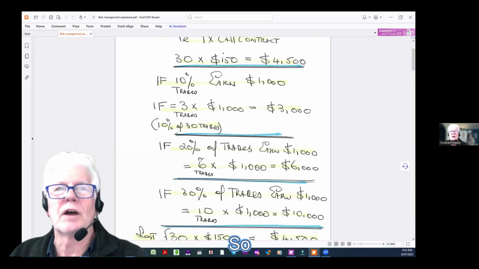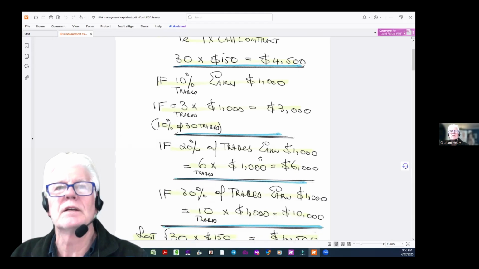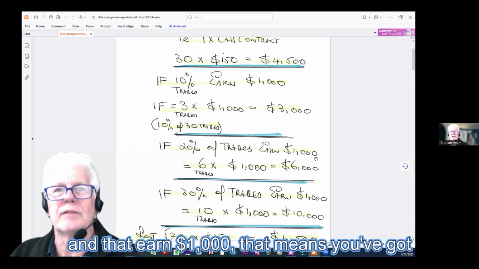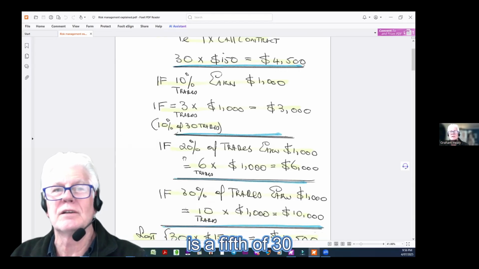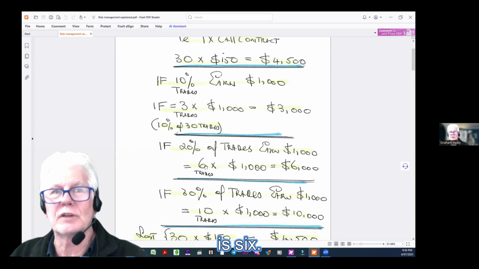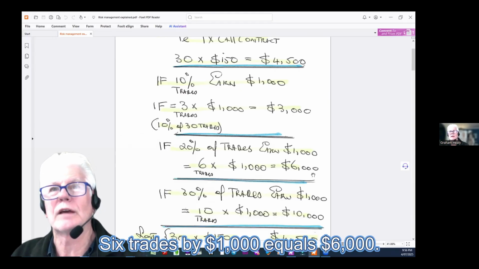Now, if you've got 20% of trades that earn $1,000, that means you've got 6 trades out of the 30. 20% is a fifth of 30, which is 6. 6 trades by $1,000 equals $6,000.